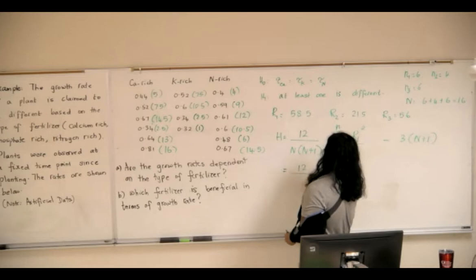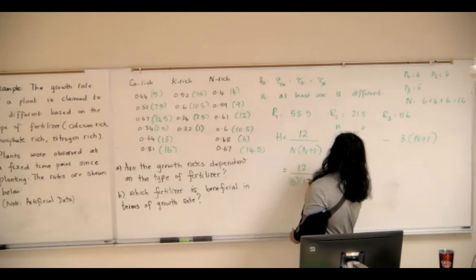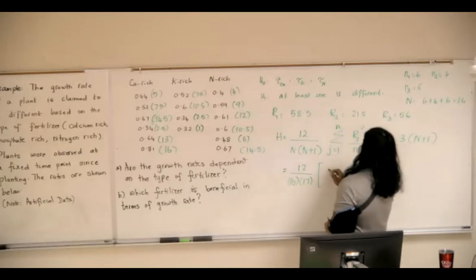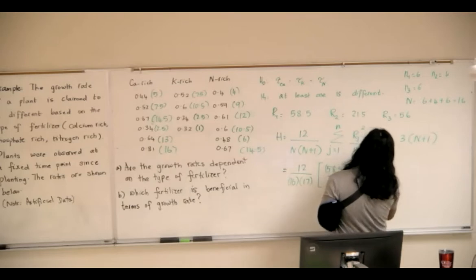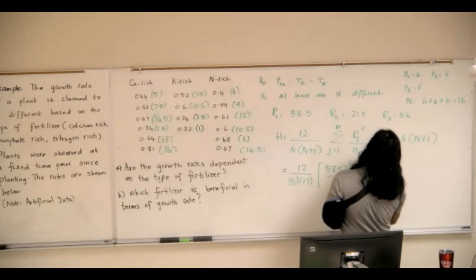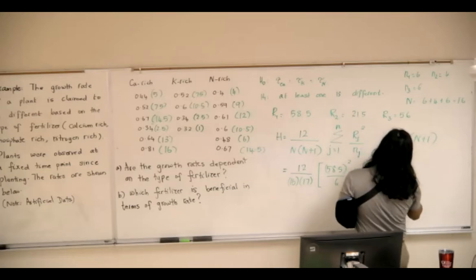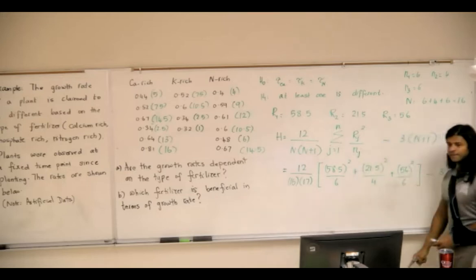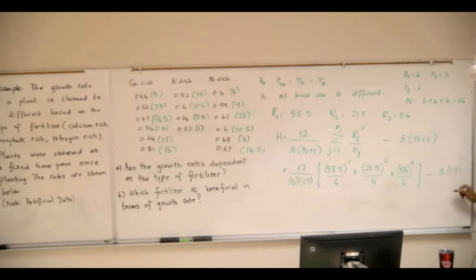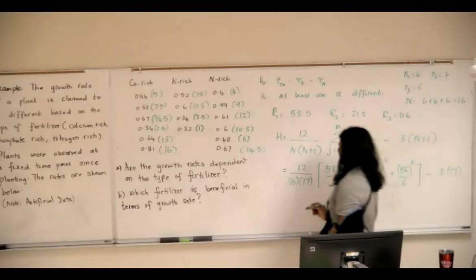This would be 12 divided by 16 times 17, times 58.5 squared over 6, 21.5 squared over 4, 56 squared over 6, minus 3 times 16 plus 1, we get 17. Yes? And what does it come to? 2.32.